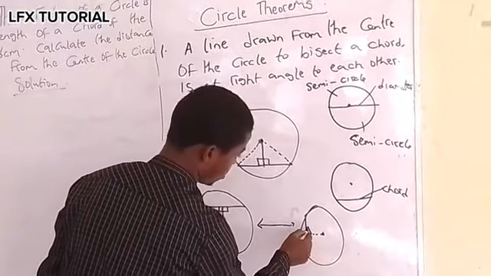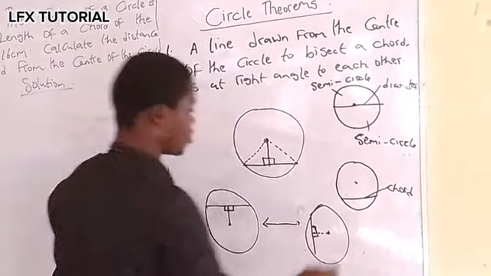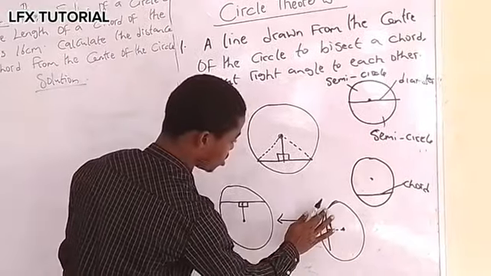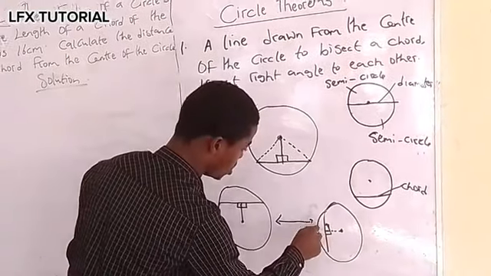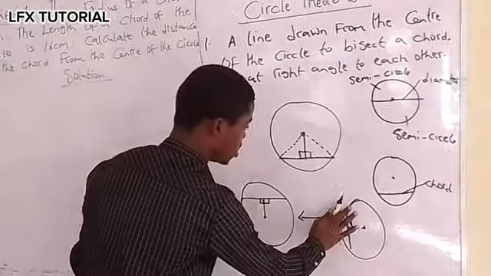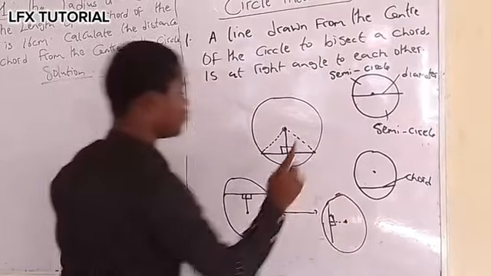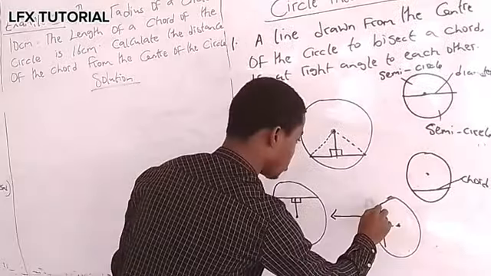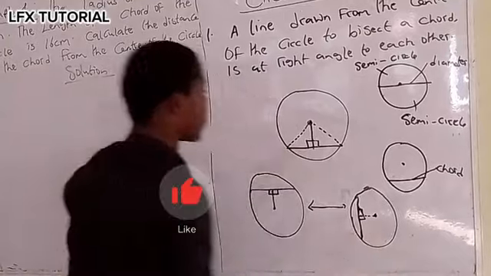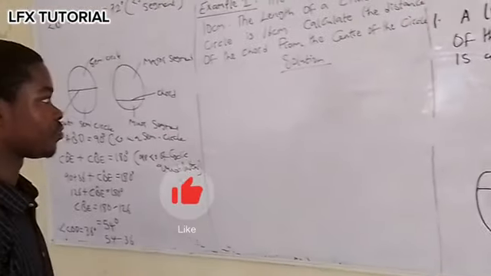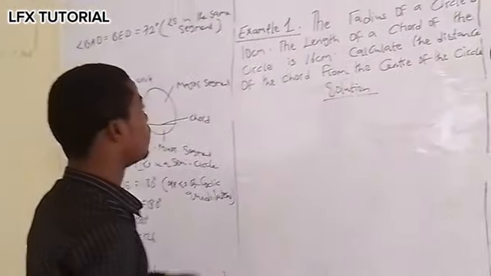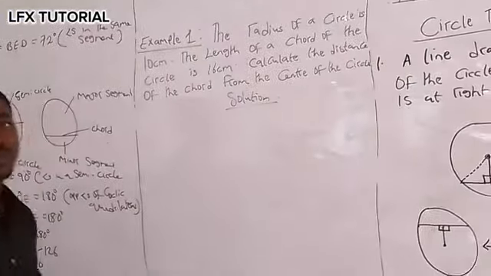So it means this and this is 90 degrees. This and this again is 90 degrees. Can you see how it changes depending on the rotation of the circle? So you see, I have something like this again, and this is our chord. So let's take a look at example 1.